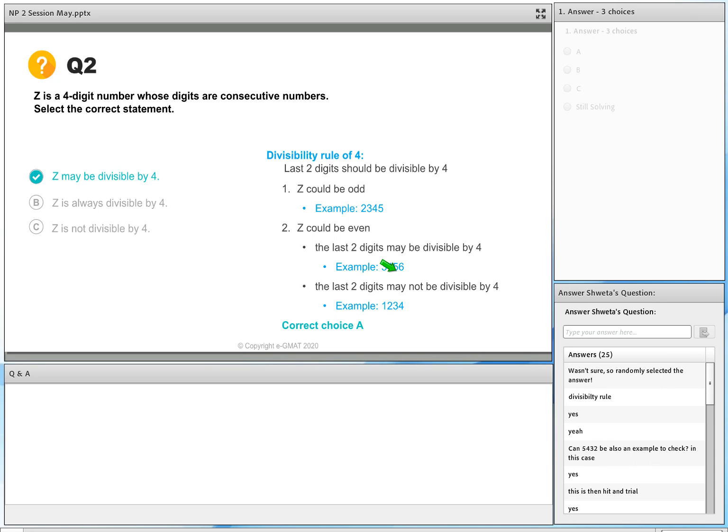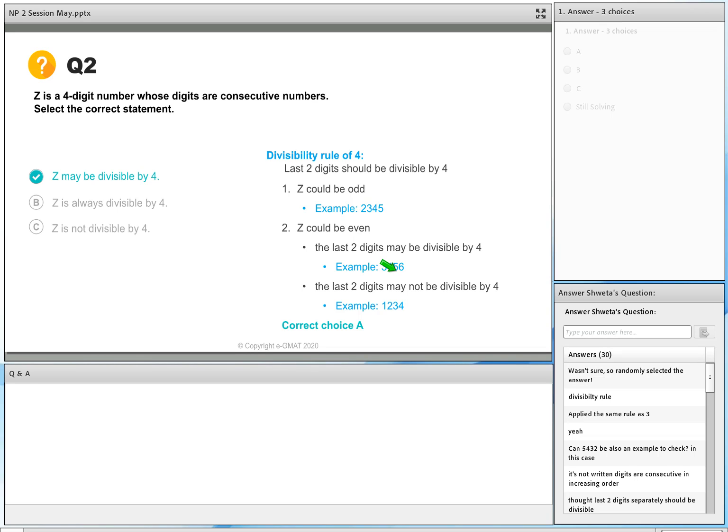Took the same three examples, that's good. This is hit and trial. No, it's not hit and trial at all. You're just looking at the last two digits. So just think about 12, then 23, 32, 34, then 45, then 56. Think about it. Which ones can be divisible by 4? Which ones are divisible by 4?